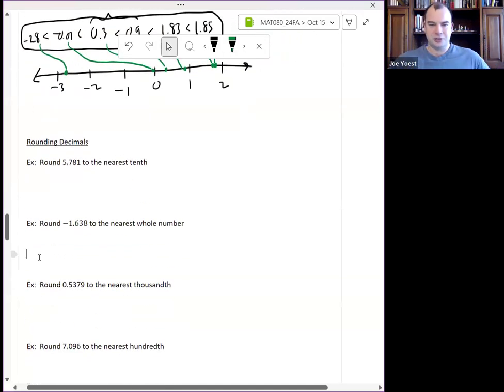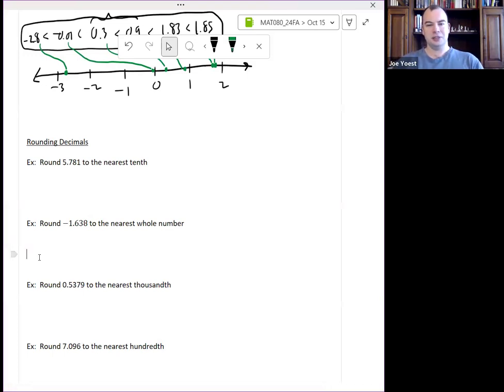Okay, so what about rounding decimals? Well, the good news is that rounding decimals works essentially the same way as rounding whole numbers. So if we want to round a decimal number like 5.781 to the nearest tenth, we have an indicated place name that we want to round to.